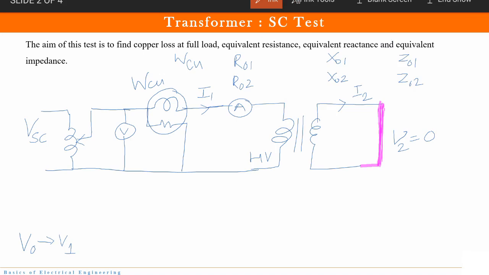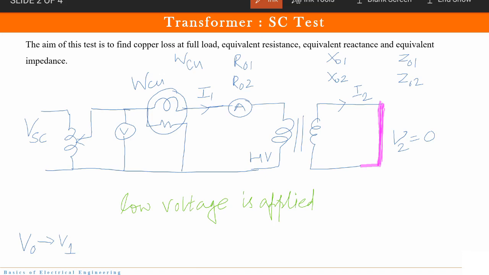Now please remember, I am going to write a few important points. Here low voltage is applied. Now why is low voltage applied? Because the core losses depend on the voltage.